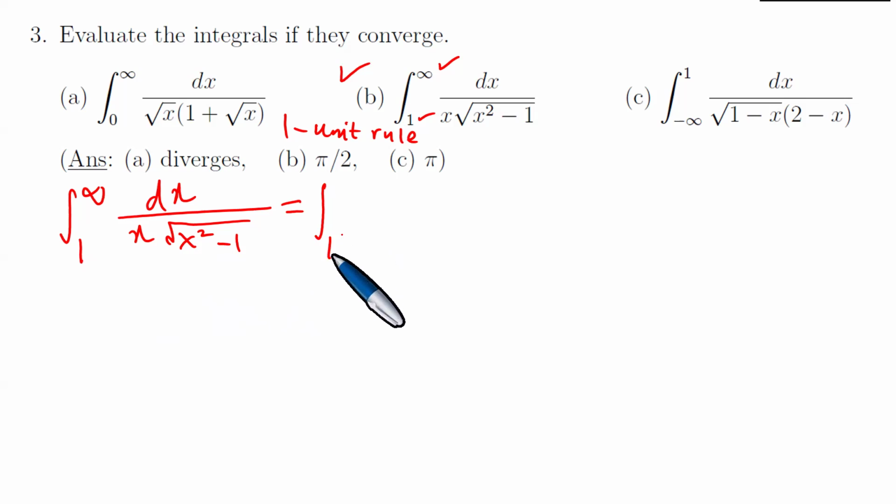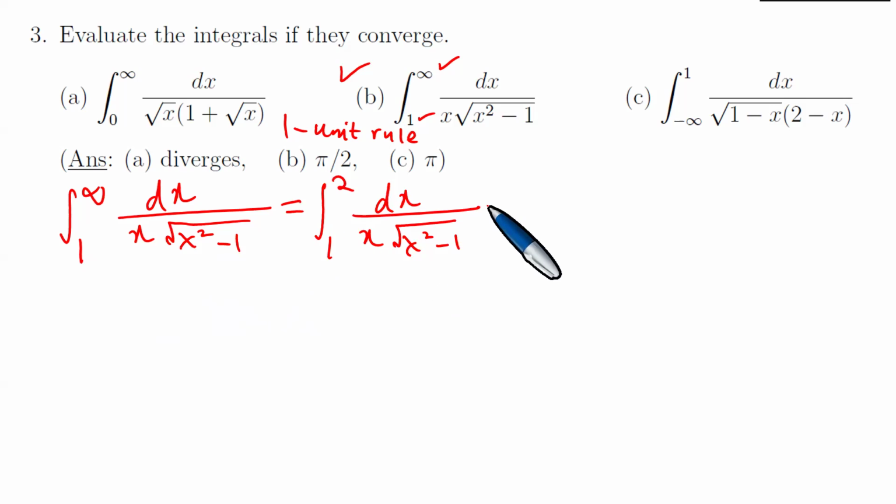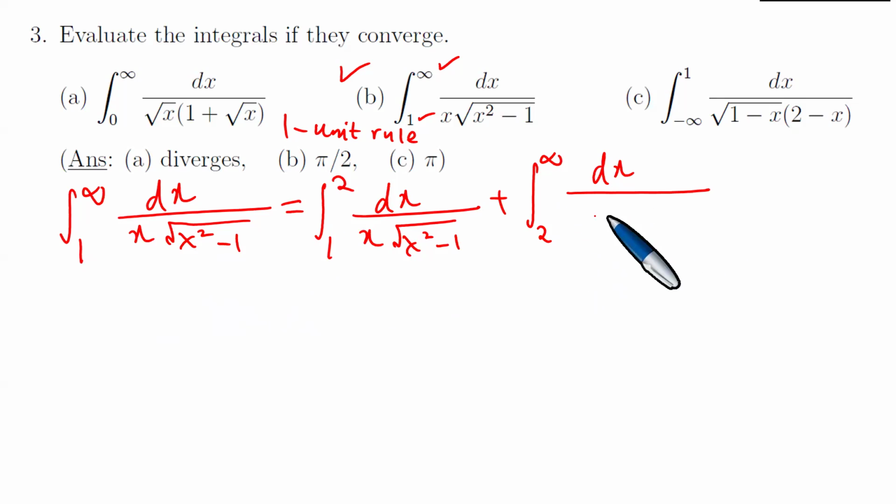So we're going to add 1 to 1, getting a 2, like this. Then you have 2 to infinity, dx over x times the square root of x squared minus 1.